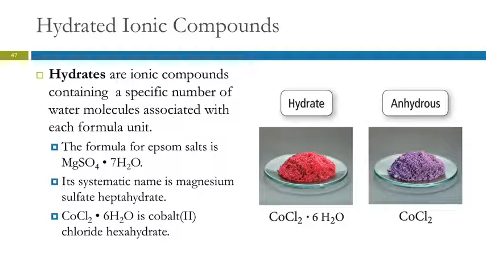Not all ionic compounds do this. Nicely, you don't need to know which ones do. Here are 2 examples. This is the hydrated form, because when you're hydrated, you've got enough water in you, right? So here, this is cobalt(II) chloride, and for each of these formula units, there are 6 water molecules in the crystal structure.